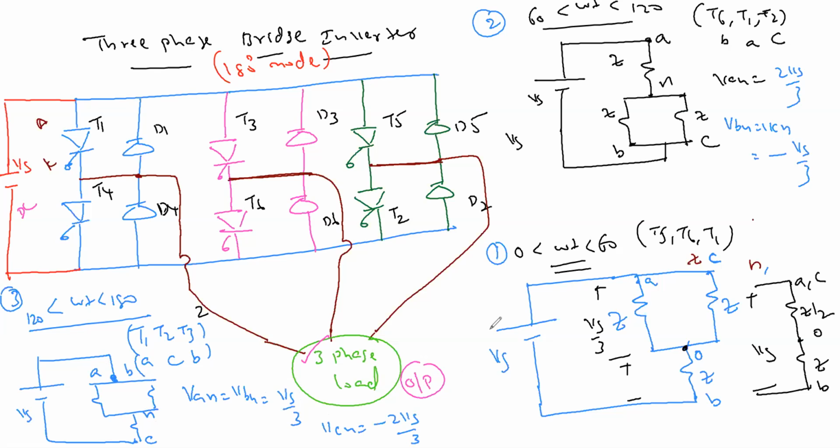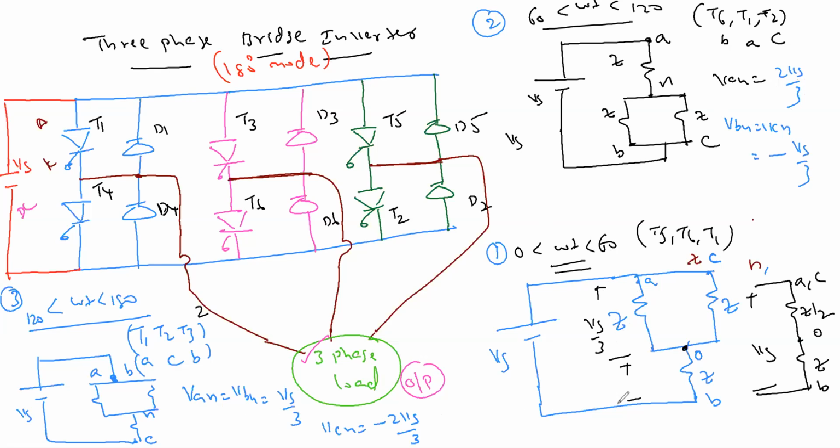VA का waveform अगर देख लिया तो VA 60 Vs/3 आ गया, 120 में 2Vs/3 आ गया, 180 तक Vs/3 आ गया, and correspondingly we will be obtaining. You can calculate up to 360.